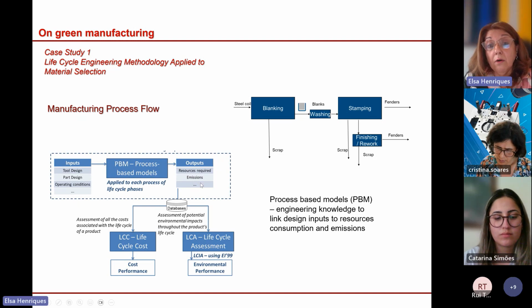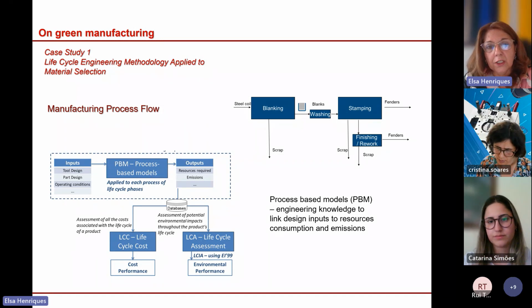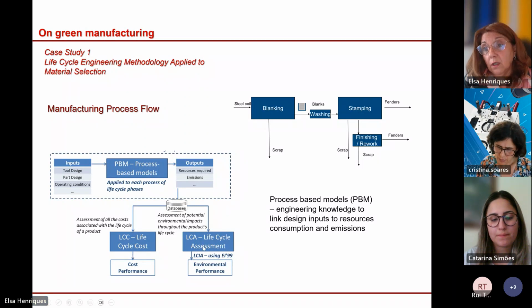And if you know all the materials and all the flows and all the requirements that are needed, I can convert those requirements, those emissions, those consumptions into costs or into environmental impacts, depending on the model that I'm going to use.